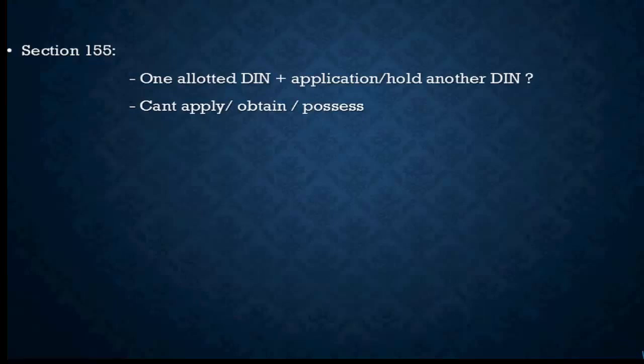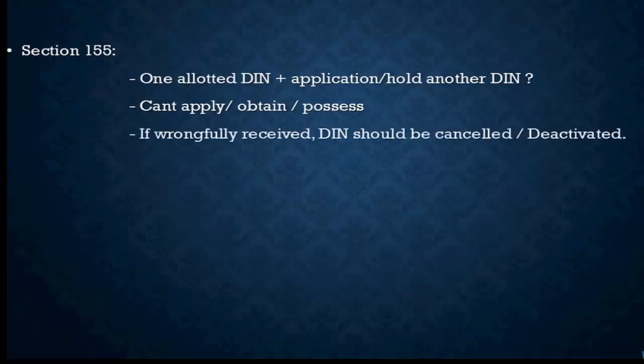So as per section 155, no person is allowed to apply, obtain or possess another DIN when he has already been allotted a DIN. And if a duplicate DIN has been wrongfully obtained by a person, then that DIN has to be cancelled or deactivated on an immediate basis.